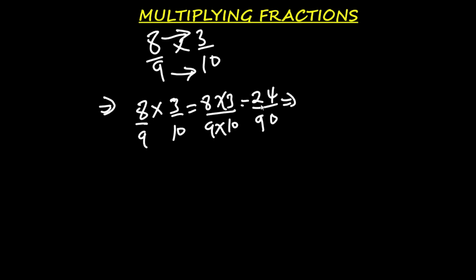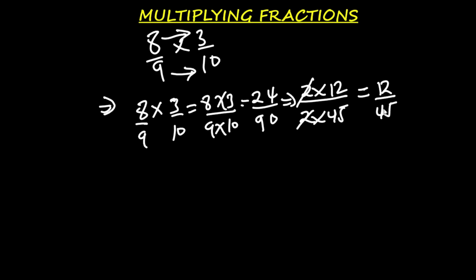Now we have to find two common numbers such that after multiplying, we can cross out. Let's start with 2. We know that 2 times 12 will give us 24, and also 2 times 45 will give us 90. Now the 2 is common to both, so 2 will cancel, and then we have 12 over 45.